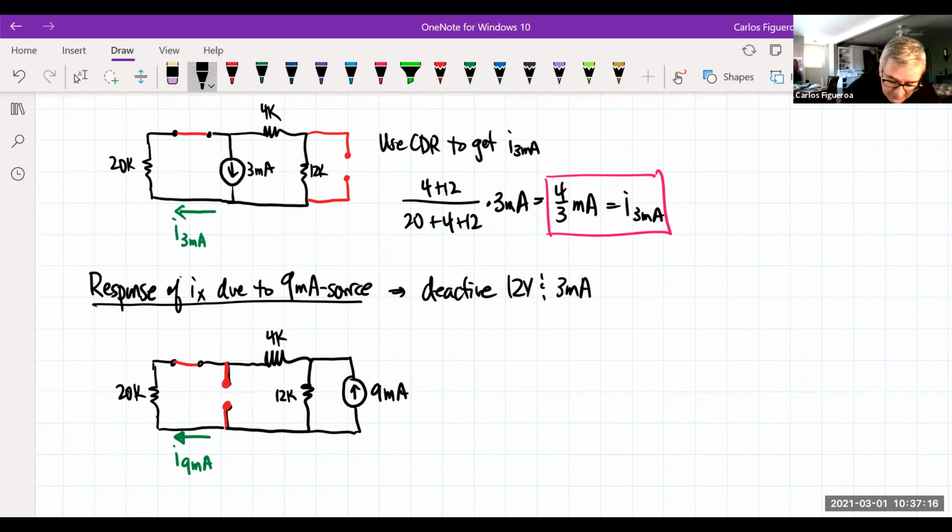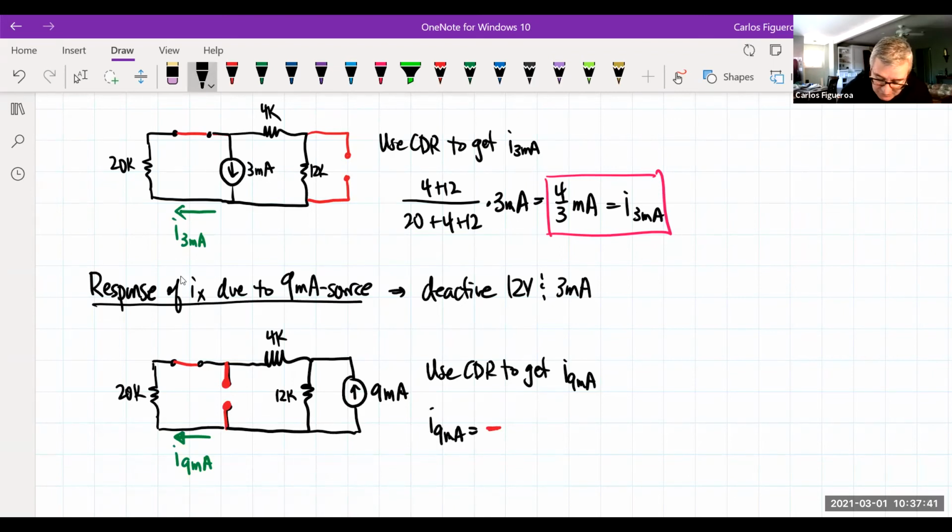So if I look at this thing here, what I'm going to use again is CDR to get I of 9 milliamps. So right away, I could see that this current here must be negative. So the 9 milliamp right away has to give me a negative sign because it's going against the flow. So it's got to be the opposite resistor.